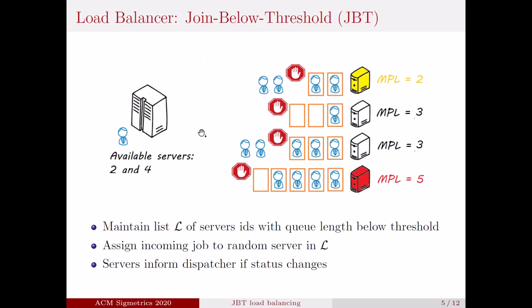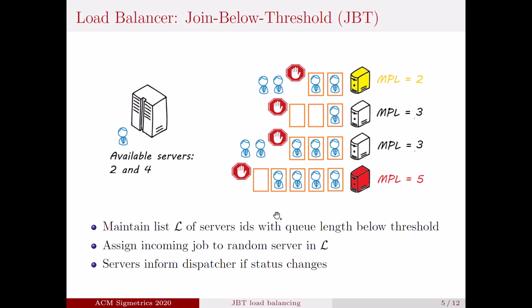Now the load balancing algorithm that we're going to analyze is the join below threshold load balancer, or the JBT algorithm. This algorithm has actually been studied before in the heavy traffic regime. How does this algorithm work? Well, the idea is that the dispatcher is going to maintain a list of servers, and these will be all the servers that have a queue length below their MPL value.